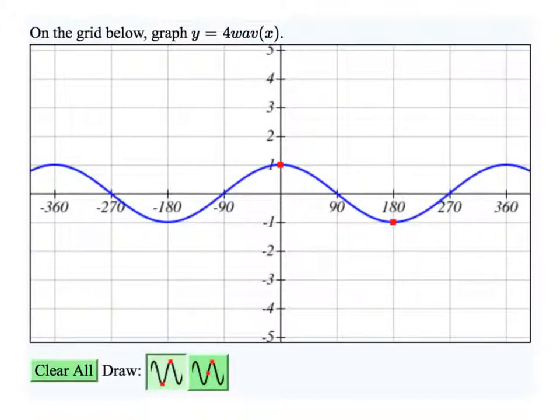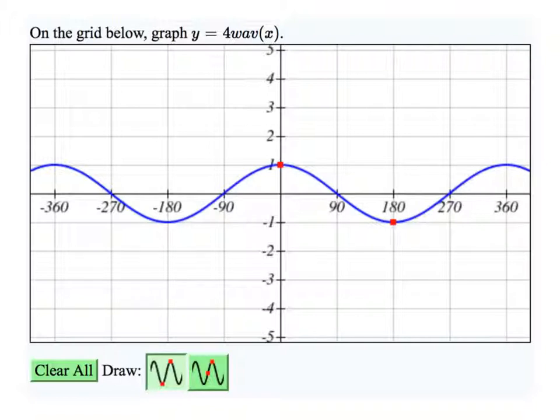With our absolute value graphs, we did like 4 absolute value of x before. That took our normal V-shaped graph and made it look tall. As you may recall, what we formally called that was a vertical stretch by a factor of 4. And so in this case, it is also going to be a vertical stretch by a factor of 4.